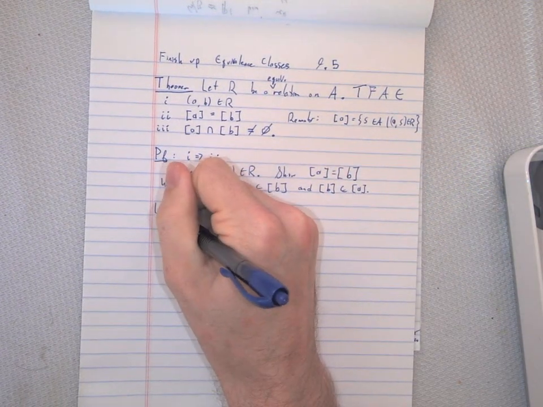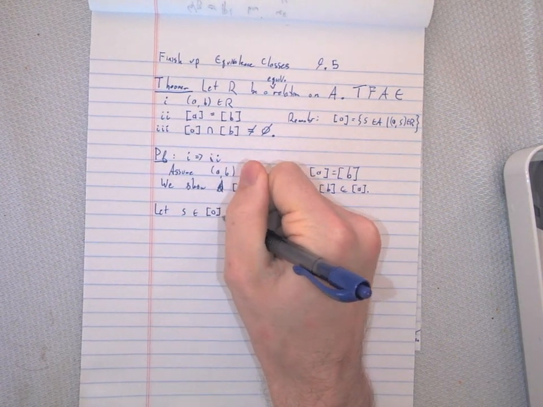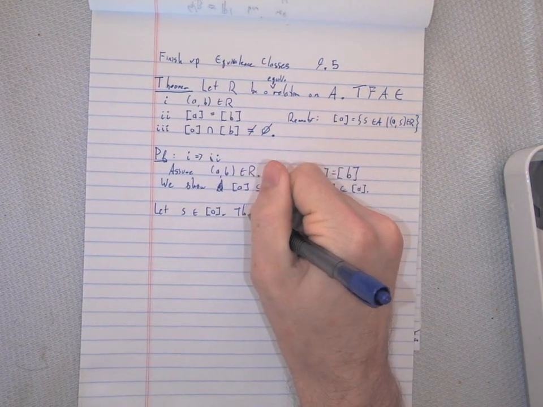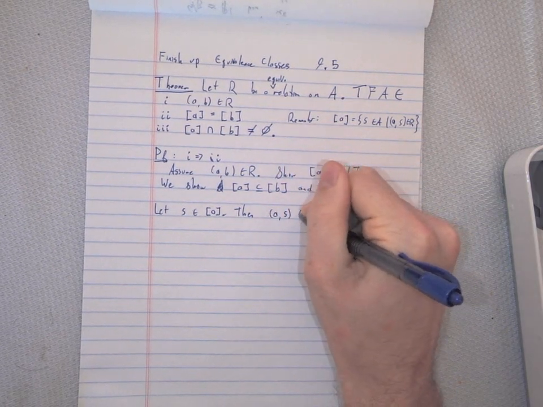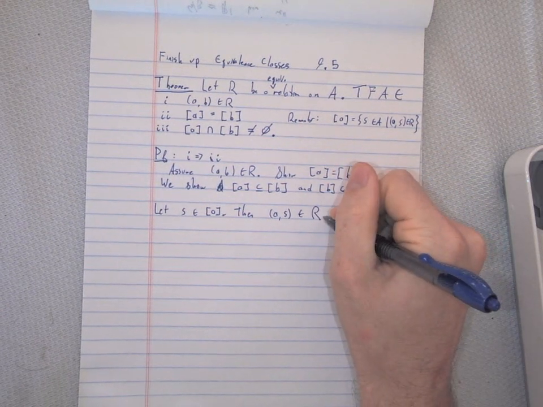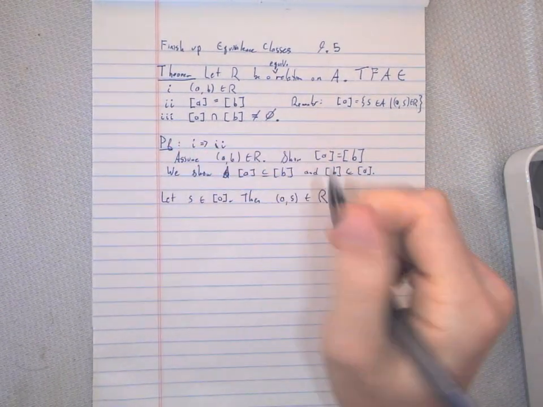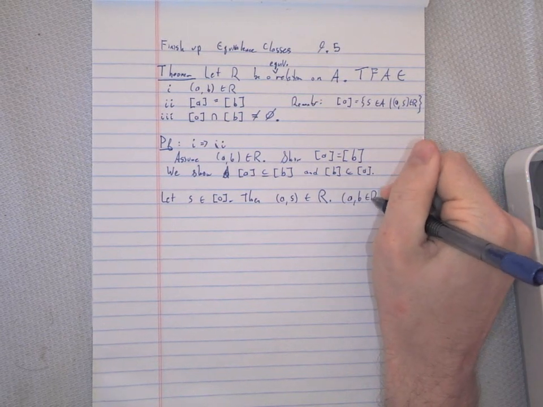So let s be in the equivalence class of a. Then, by definition, (a, s) is inside the relation. Moreover, (a, b) is inside the relation by assumption.